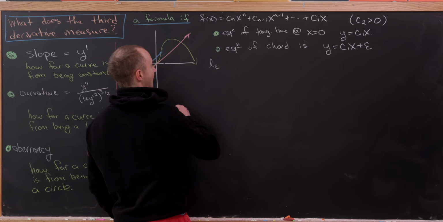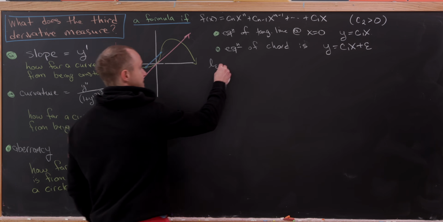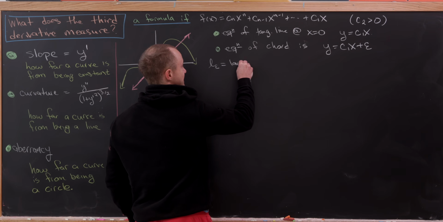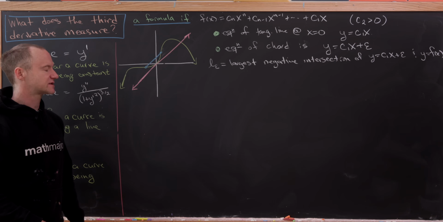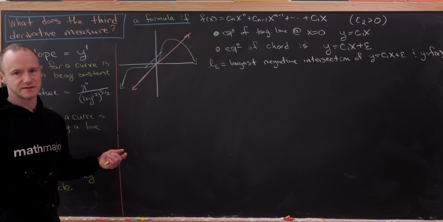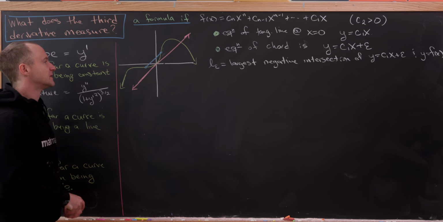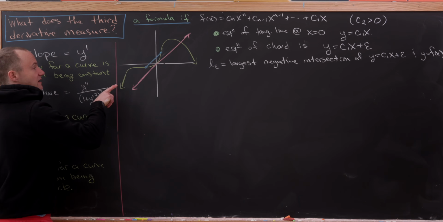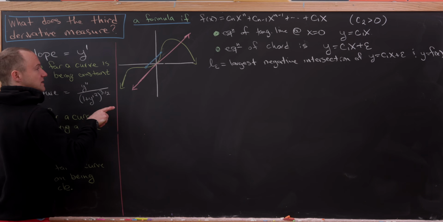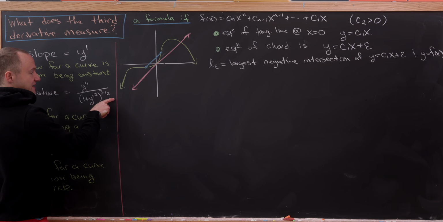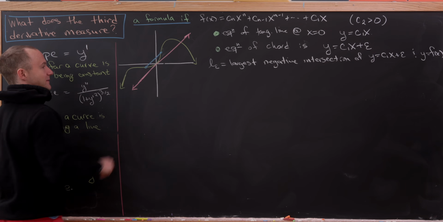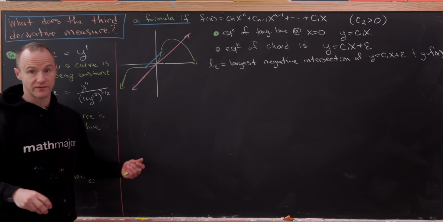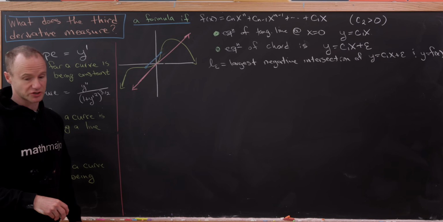And now we're going to define two other numbers. Let's say that L_epsilon is the largest negative intersection of the line defining this chord and our curve. Notice our picture is making that happen already. If we were to extend this chord into a line, it would intersect again over here somewhere, and again up here somewhere. But L_epsilon is the largest negative intersection in our picture.